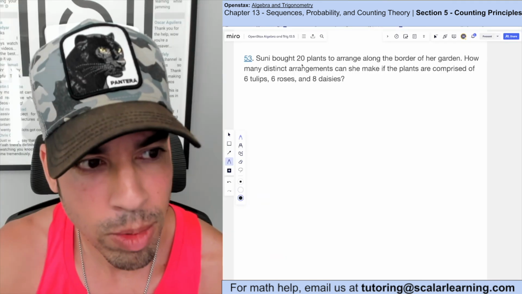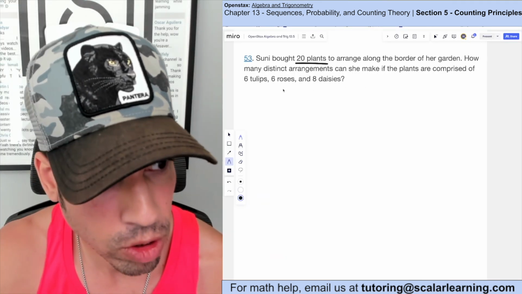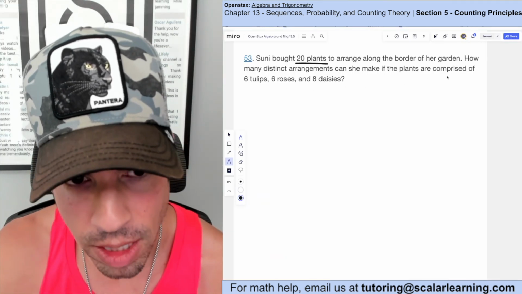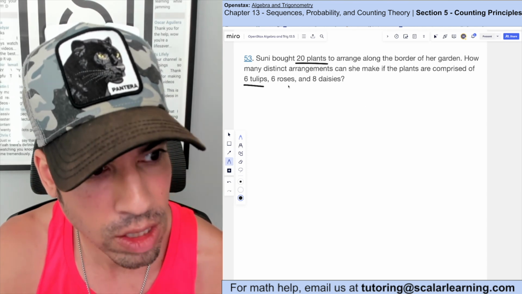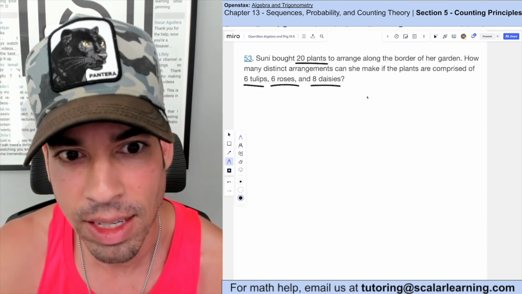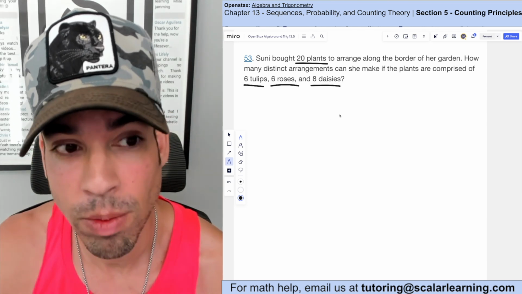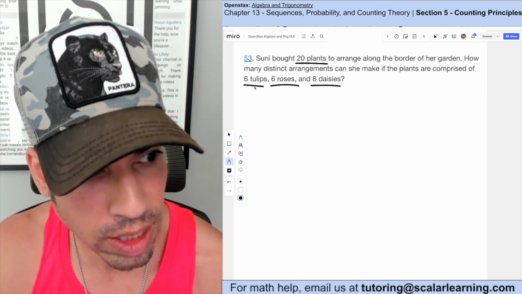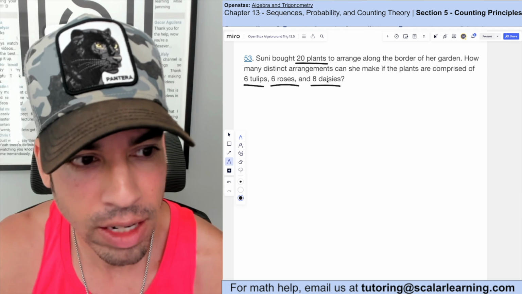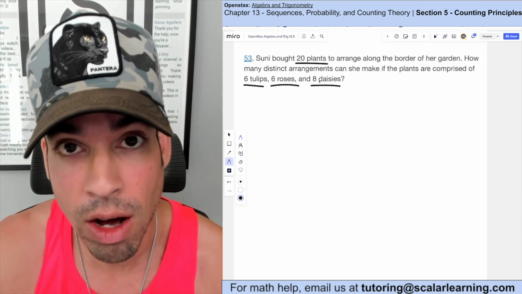Done. Suni bought 20 plants to arrange along the border of her garden. How many distinct arrangements can she make if the plants are comprised of 6 tulips, 6 roses, and 8 daisies? So this is almost like an arrangement question when we have letters and repeat letters, right? It's almost like we have 6 A's, 6 E's, and 8 R's, something like that. So we have to account for the repetition.